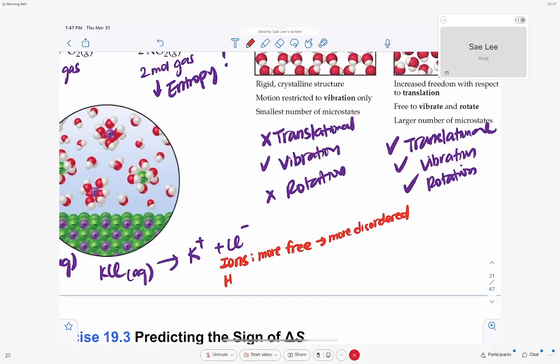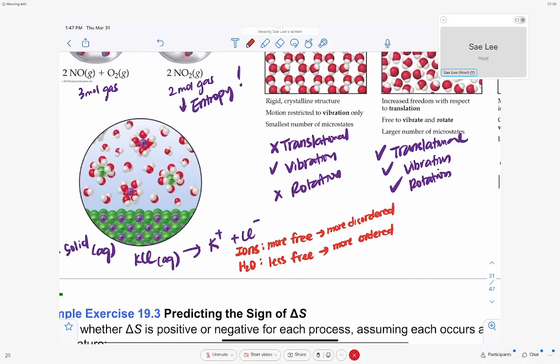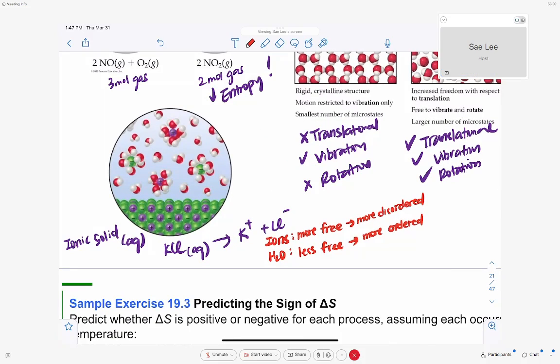However, the water molecules are now less free to move around. They're in a more ordered state. However, the overall net result is a disordering process when an ionic compound dissolves in water.